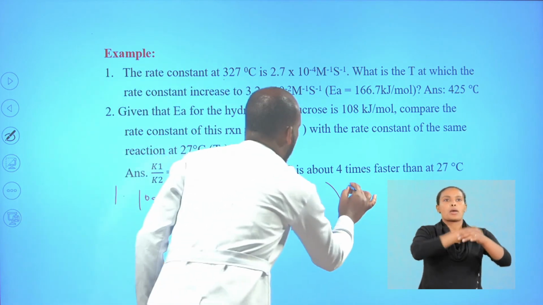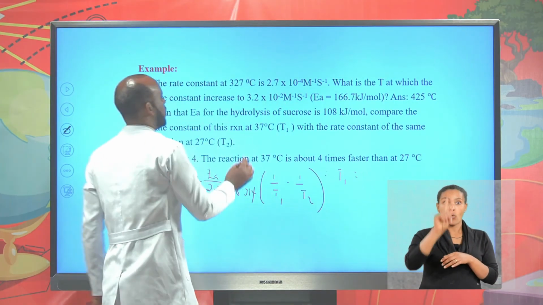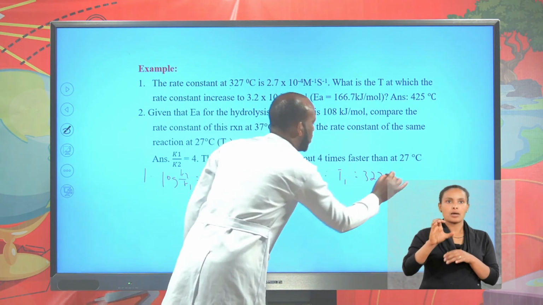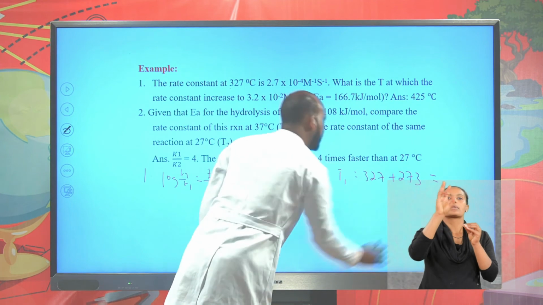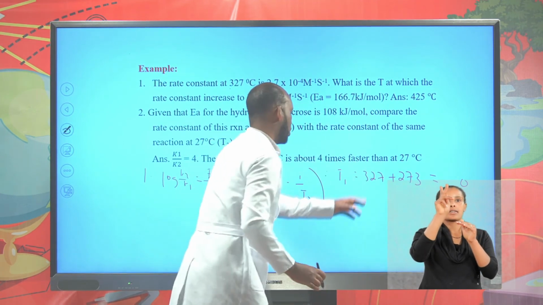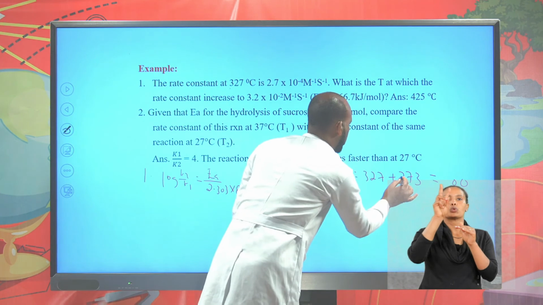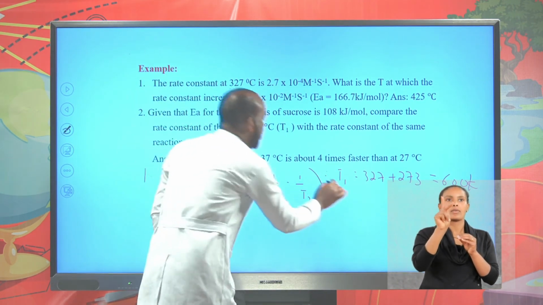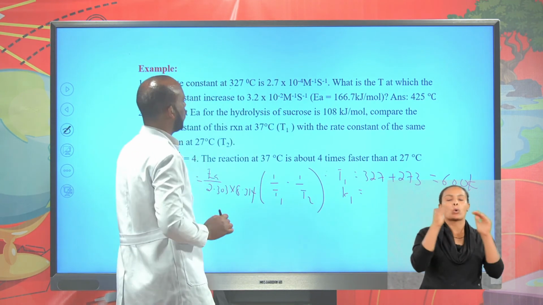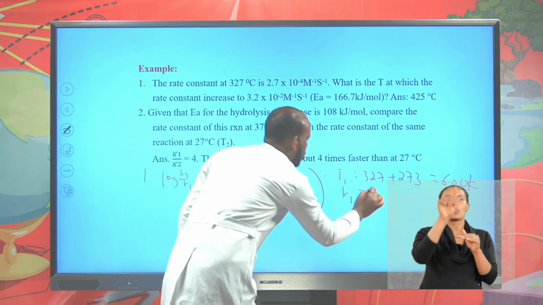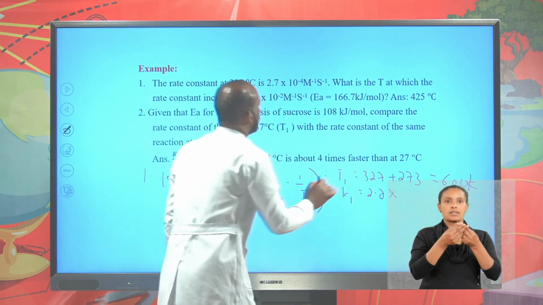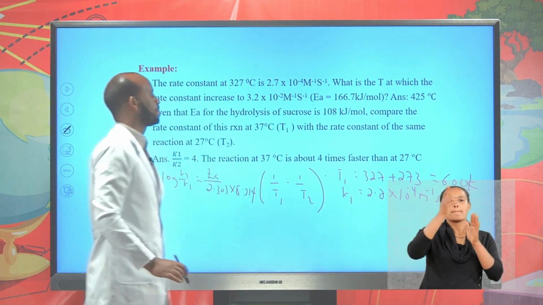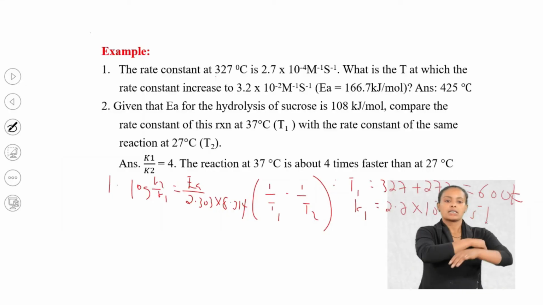Now what is given? Temperature T1 equals 327 plus 273 equals 600 Kelvin. K1 equals 2.7 times 10 raised to minus 4 per molar per second. What are you asked to calculate?